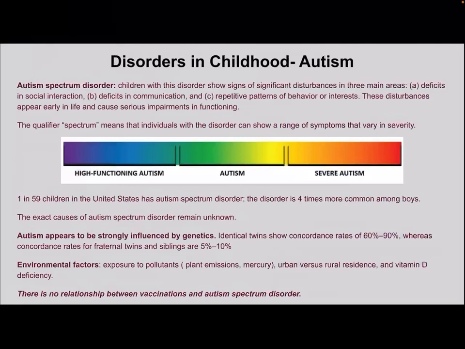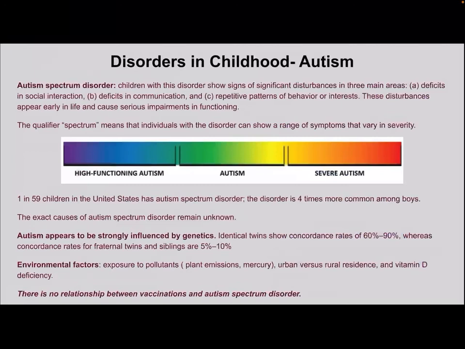Again, I don't want to talk too much for the autistic community. I will let them do that themselves in the video that I post. But I will share with you what the book says and what the DSM says, because while I don't necessarily agree with the wording or the vocabulary, this is the current definition. So the definition of autism spectrum disorder is having three things: deficits in social interaction, deficits in communication, and repetitive patterns of behaviors or interests.